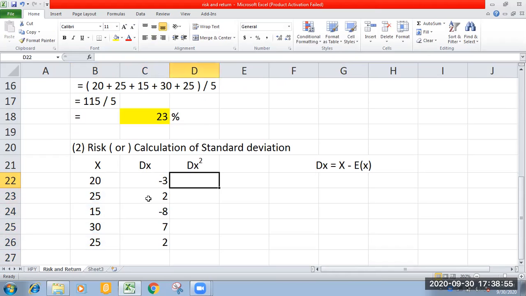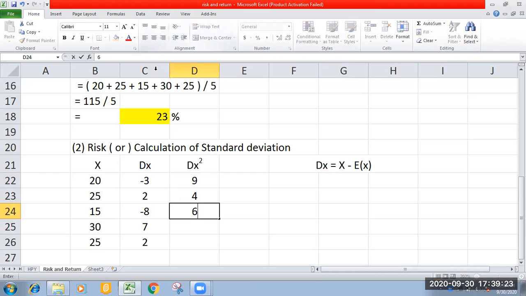Now, square the values. Minus 3 whole square. Whenever we are making a square of any number, the minus is not a criterion because minus of minus becomes plus, so you can ignore the negative sign. It is equal to 3 into 3, 9. 2 squared is 4. 8 squared is 64. 49.